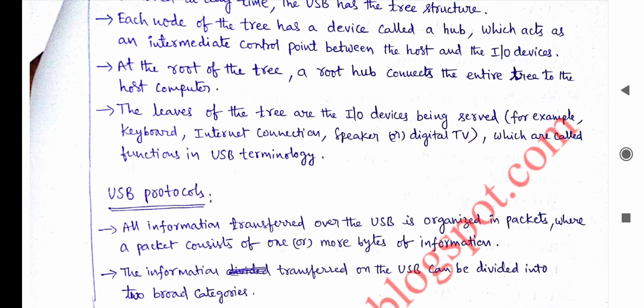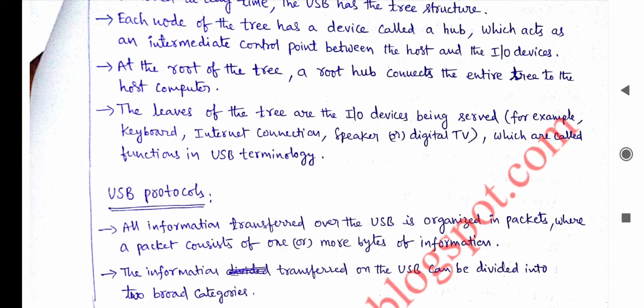A leaf node means last node. We can also call it end nodes. I mean, there are no further children to those nodes. They are called end nodes or leaf nodes. Leaf nodes here are all IO devices which are connected to a central computer.